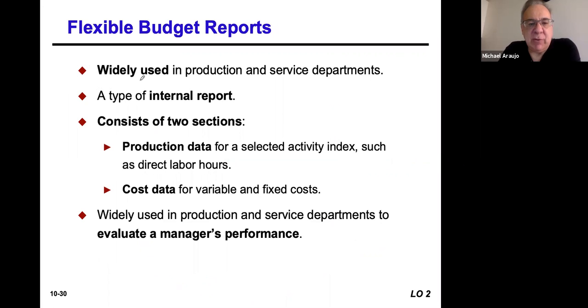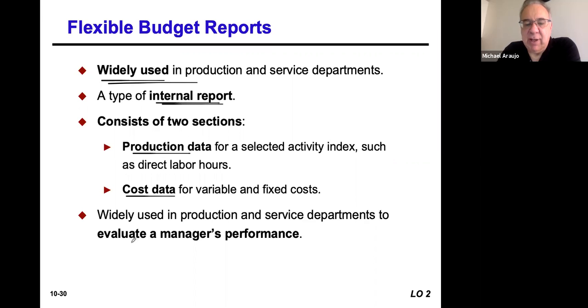So flexible budget reports are very, very widely used. It's a common thing that people in production departments and service departments will see. It's an internal report, usually only seen by managers, okay? And it's looking at usually production data in terms of direct labor hours or something like this, and cost data for both variable and fixed costs.